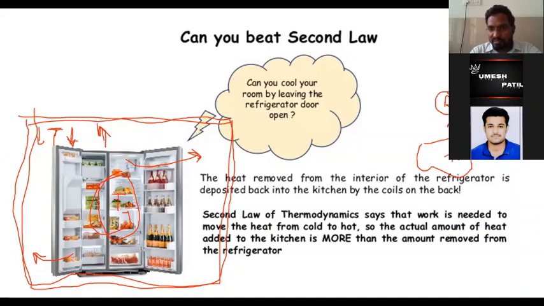Suppose its temperature is T2, and it is going to reject that heat to atmosphere whose temperature is T1, and suppose that heat is Q1, and as it is transferring heat from low temperature body to high temperature body, we need to provide some external work also, right?